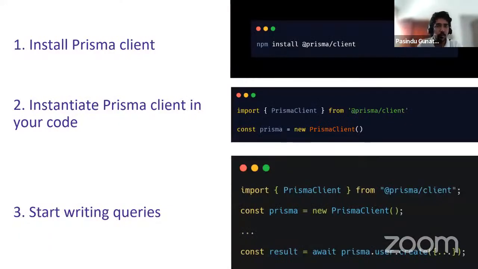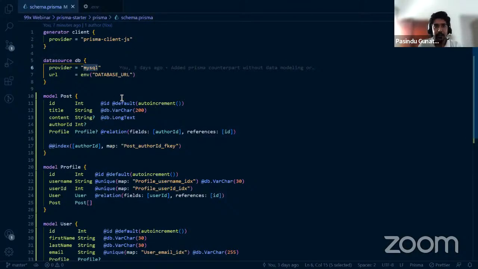Right. So first we'll be looking at the schema. Then we'll be moving into a little comparison between the TypeORM code that is existing in this repository, and side by side we'll be writing the queries.